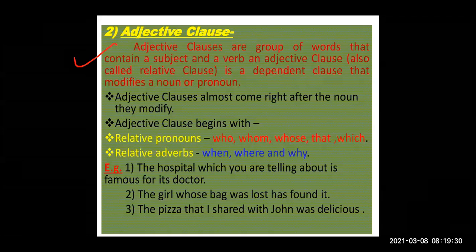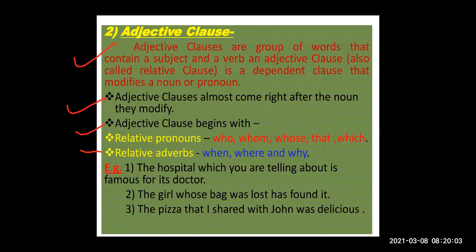Adjective clauses almost always come right after the noun they modify. Keep in mind that adjective clauses begin with relative pronouns, that is who, whom, whose, that, which, and relative adverbs when, where, and why. Okay. So this is the definition of an adjective clause.